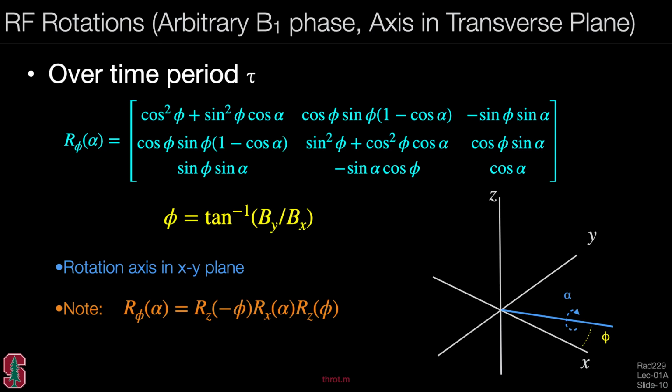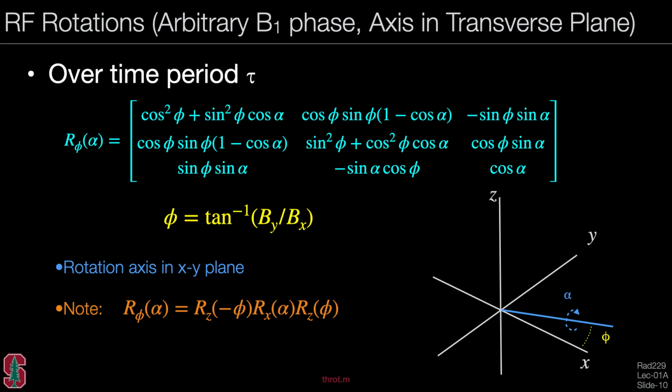So another case that we often have is when the B1 axis is actually somewhere in the transverse plane, but not necessarily along x or y. And in this case, we can also say that the RF has some other phase to it. In this case, the matrix becomes quite a bit more complicated.